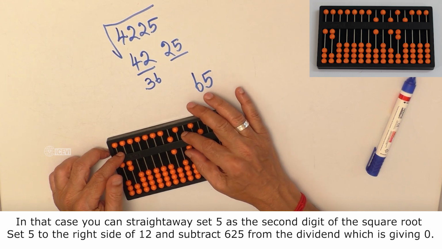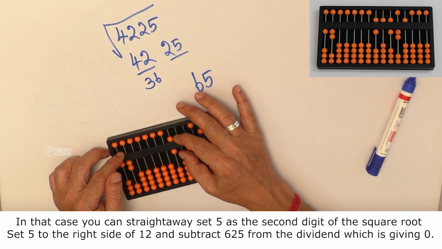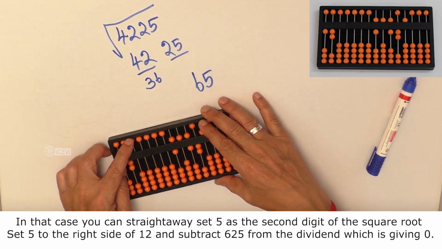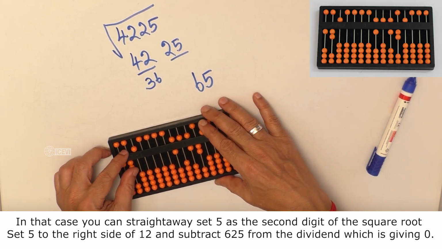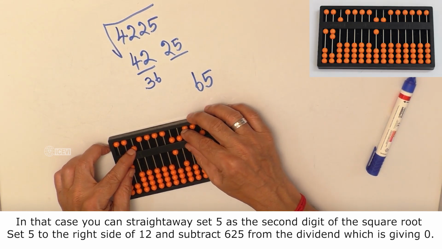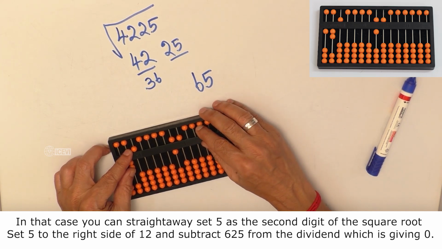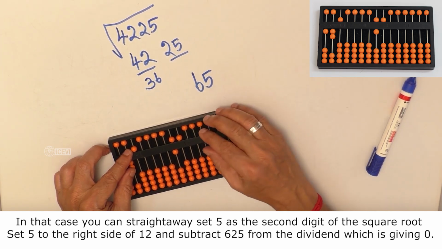In that case, you can straight away set 5 as the second digit of the square root, set 5 to the right side of 12 and subtract 625 from the dividend, which is giving 0.